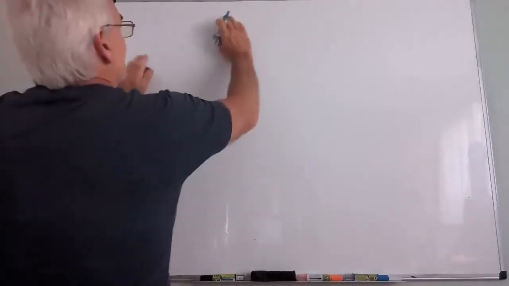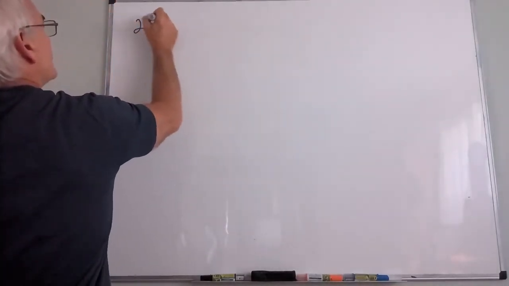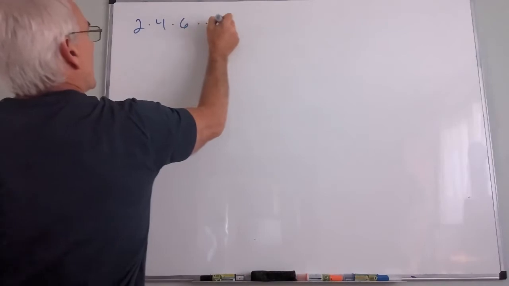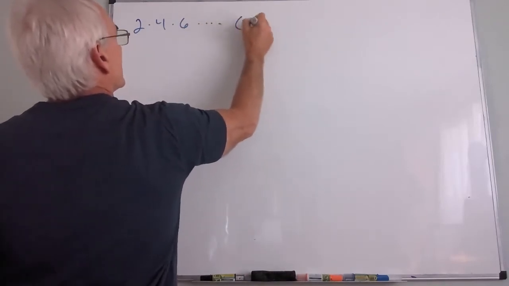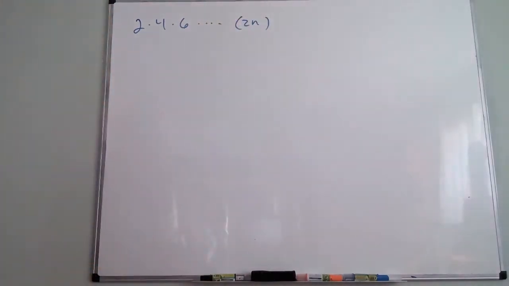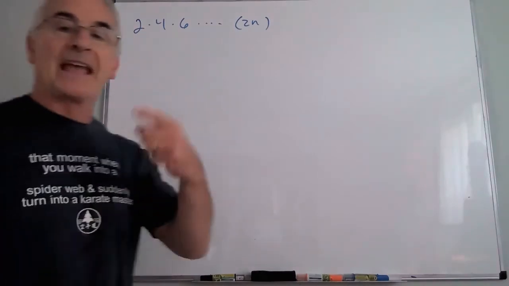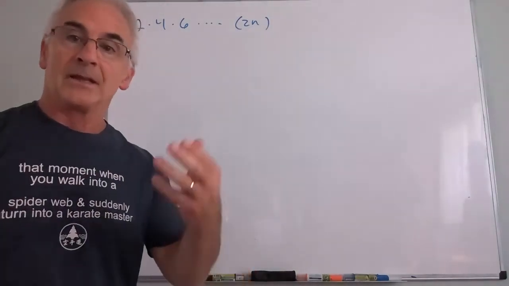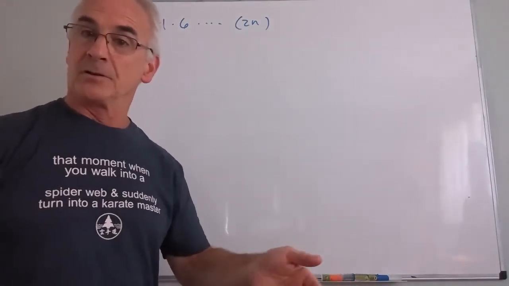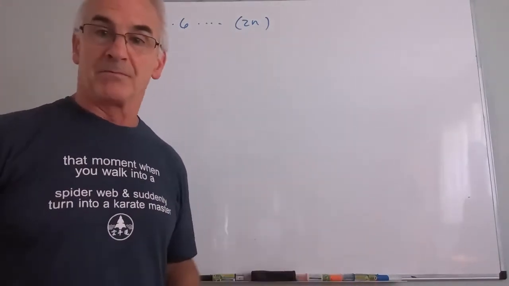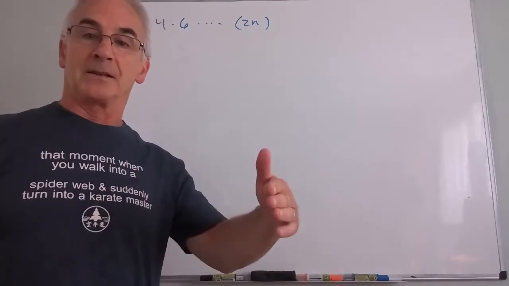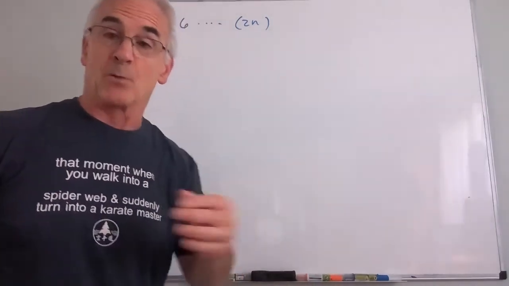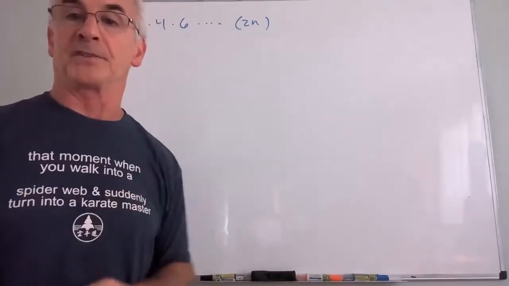I want you to consider the following. I have 2 times 4 times 6, all the way up to 2n. So I'm asking you to take the product of the first n positive even integers. So let's just say n is 100. Okay, so I want you to go 2, 4, 6, 8 to 200 because I want the first 100 positive integers.